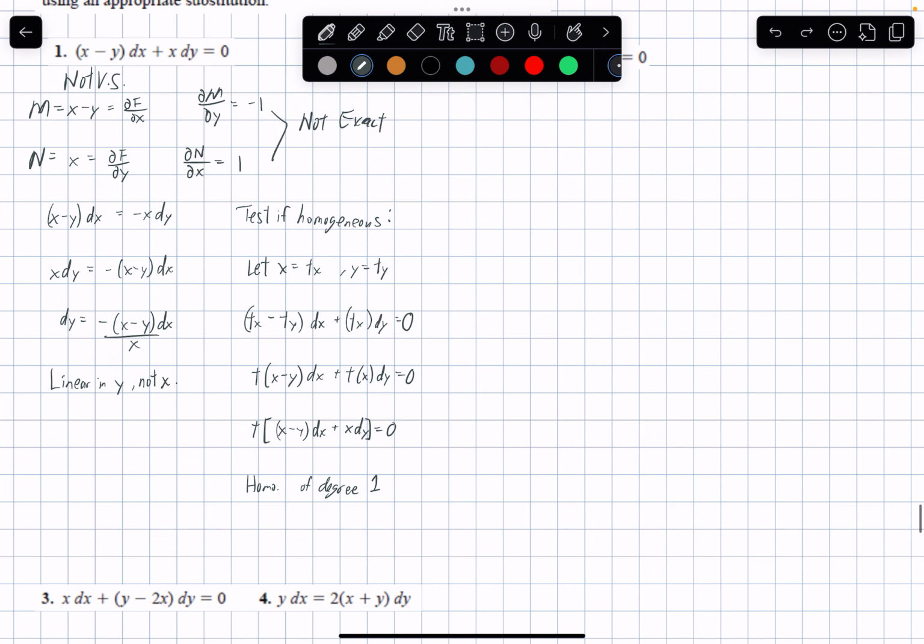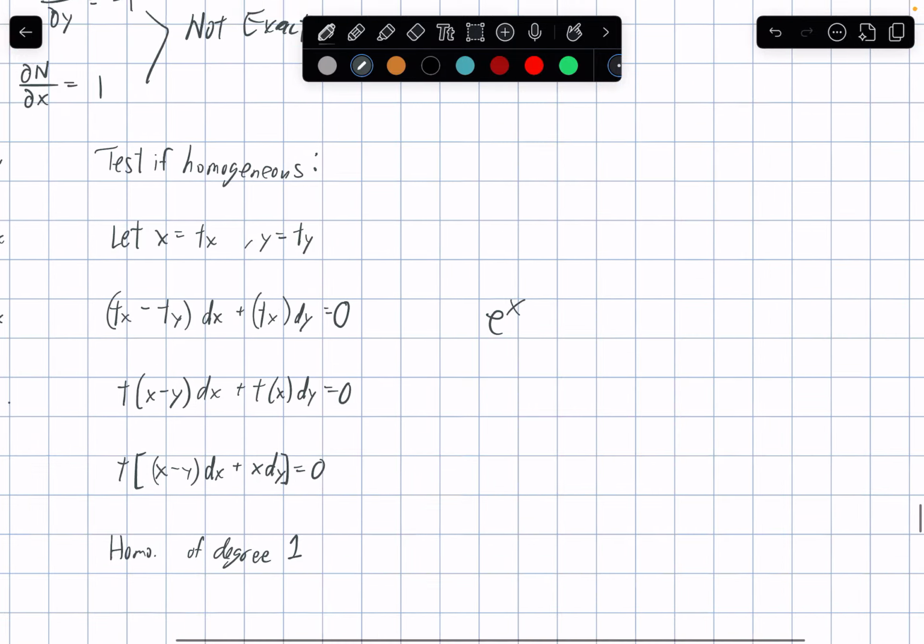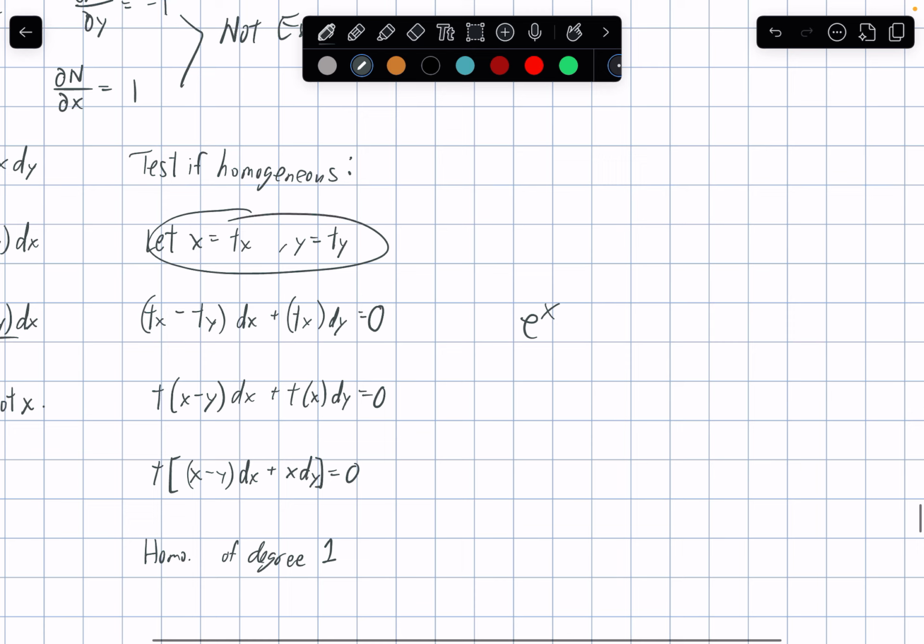So you know that a certain expression isn't homogeneous if, for example, it's easier to explain it using an example, e raised to x. So by policy, this is what we have to do.